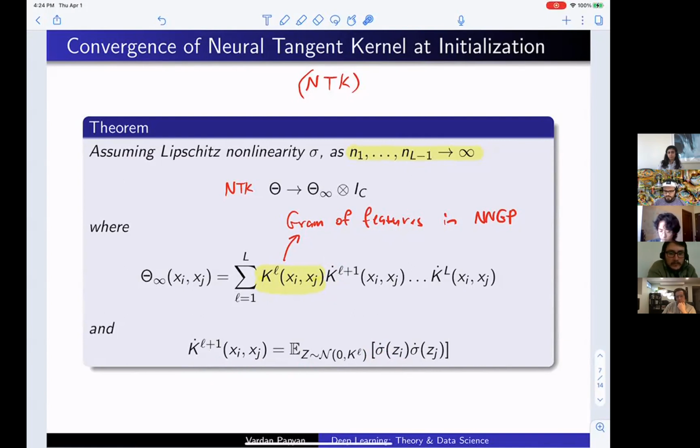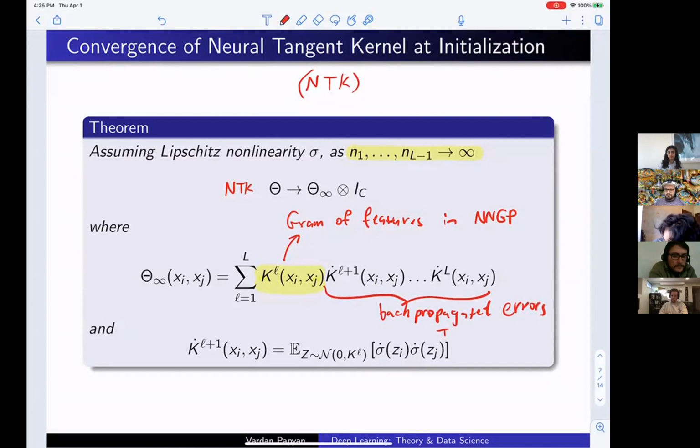I think there is a transpose missing here. Basically, k dot is just the outer product of the derivatives of the nonlinear function. So roughly speaking, these quantities are related to the backpropagated errors.